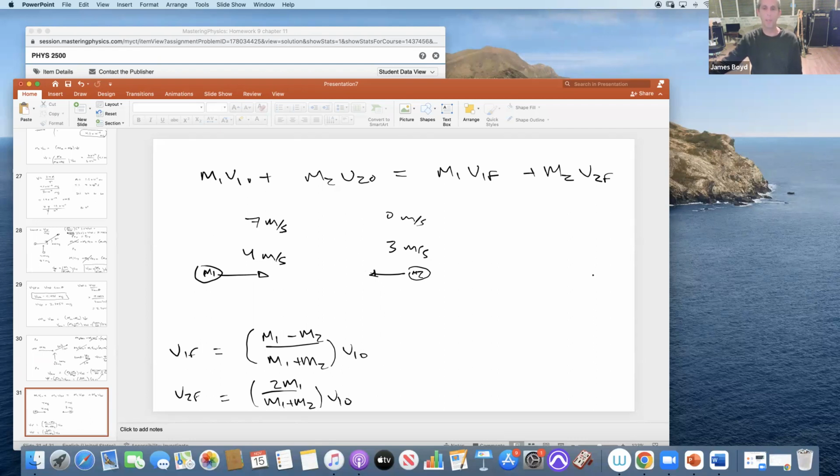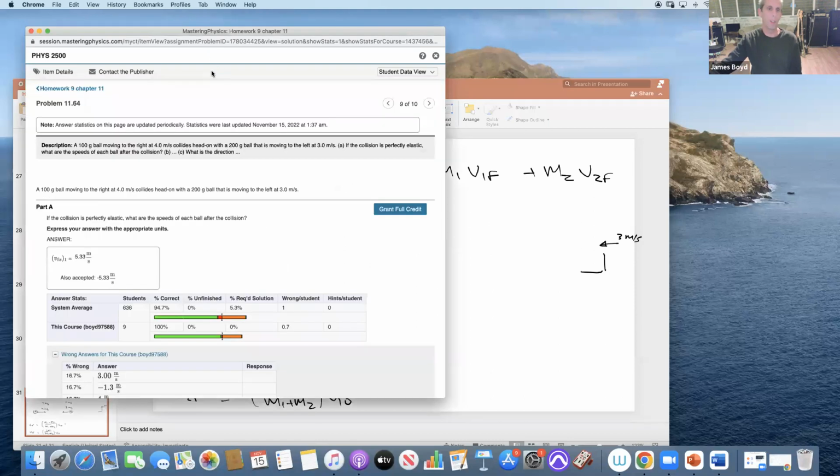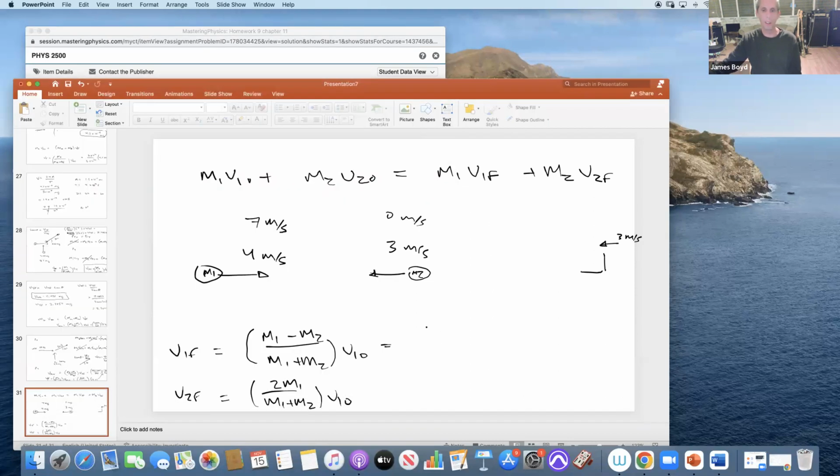So in the frame, that the whole frame is moving 3 meters per second, we're going to need to take that off. All right, so M1 is 100 and M2 is 200. So 100 minus 200 over 100 plus 200 times 7.